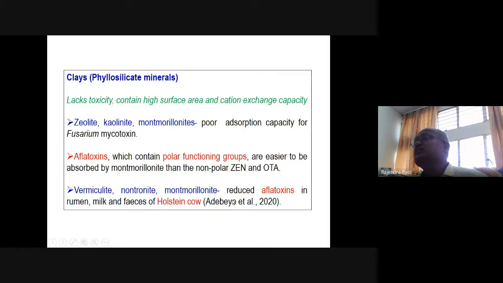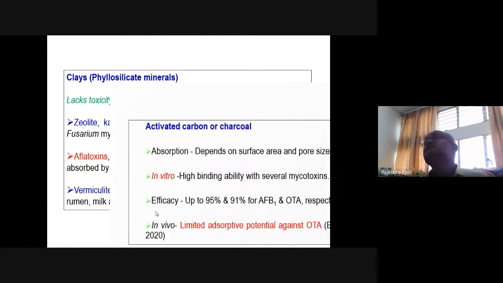A recent report in Holstein cows found that vermiculite, smectite, and montmorillonite reduce aflatoxin levels in the rumen, milk, and feces.